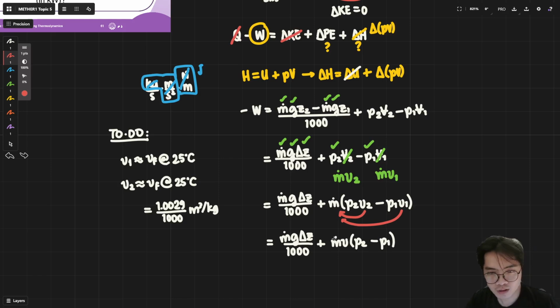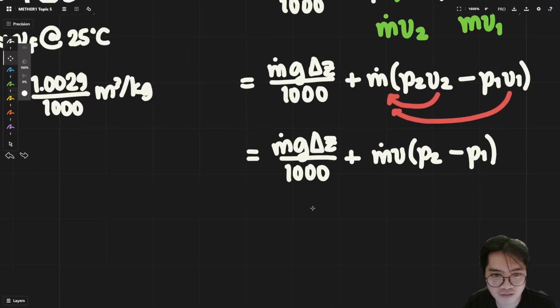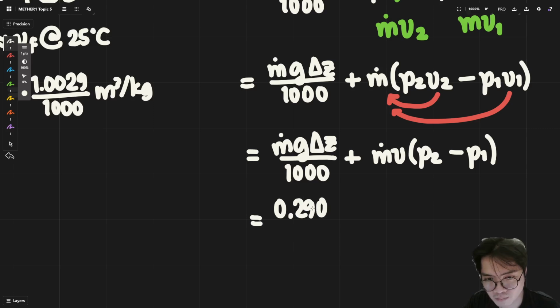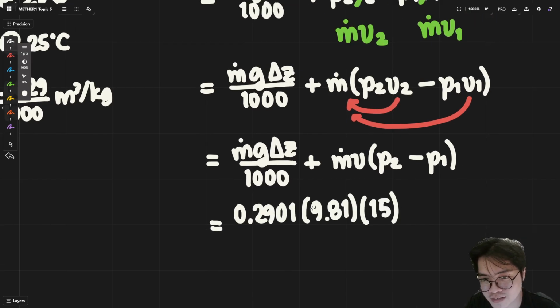So, well, let's now put everything into effect, right? Your m dot is going to be 0.2901. Your g is 9.81. Your delta z is 15. And then you divide everything in here by 1000.